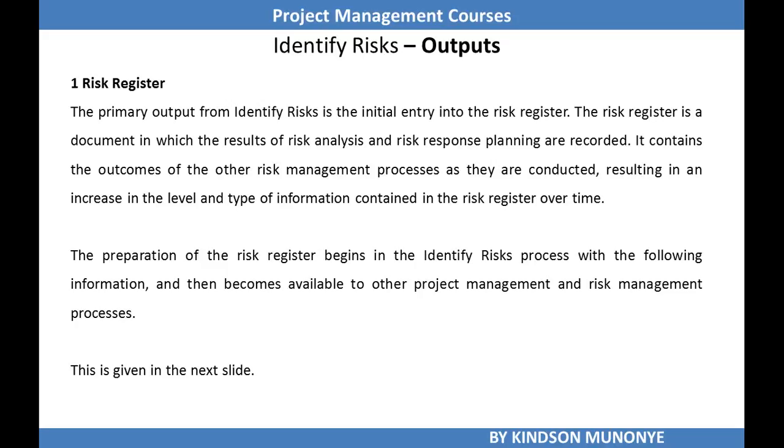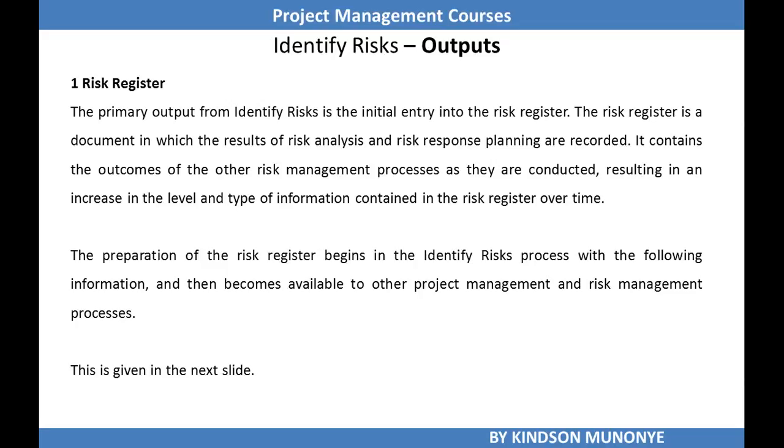The risk register is a document in which the results of risk analysis and risk response planning are recorded. It contains the outcomes of the other risk management processes as they are conducted, resulting in an increase in the level and type of information contained in the risk register over time.